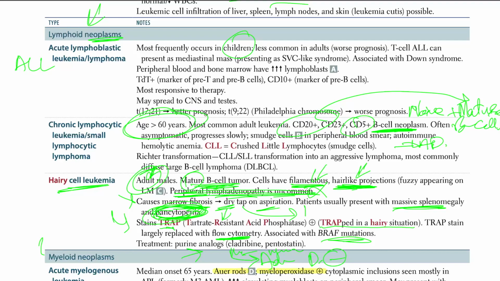So what's happening is that when you inhibit it, it leads to an increase in adenosine, which is toxic to the neoplastic cells. The increase in adenosine accumulates to a toxic level in these neoplastic B cells, which leads to their death. That's the mechanism of cladribine.